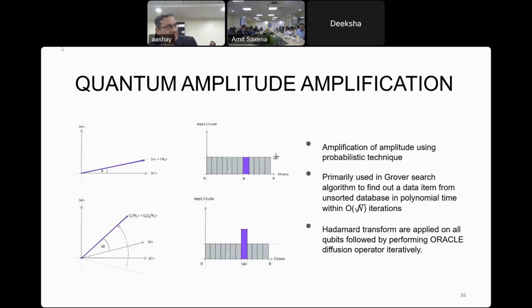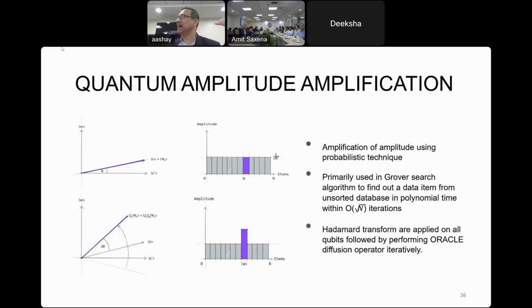Applying measurement theory, these two states will be completely separable if they are more and more orthogonal. So you have to make S orthogonal to S dash. The closer to orthogonal, the higher your probability of getting S.